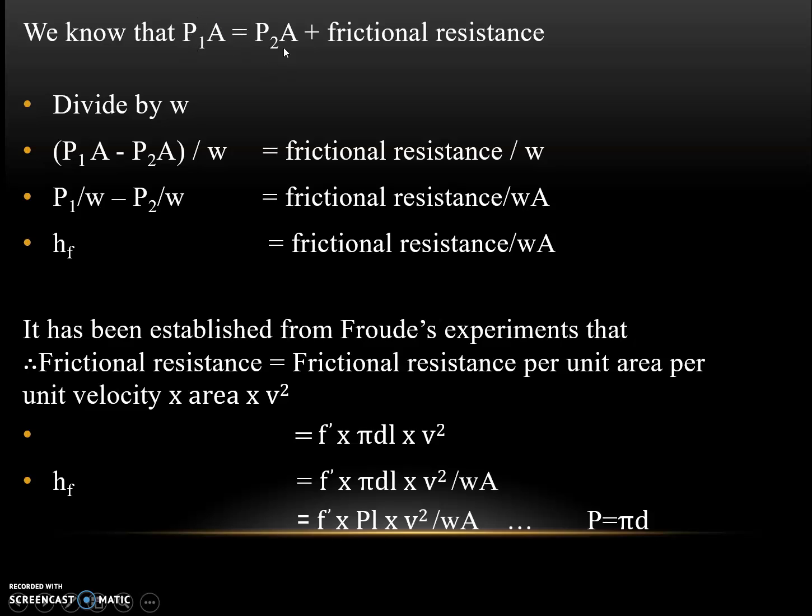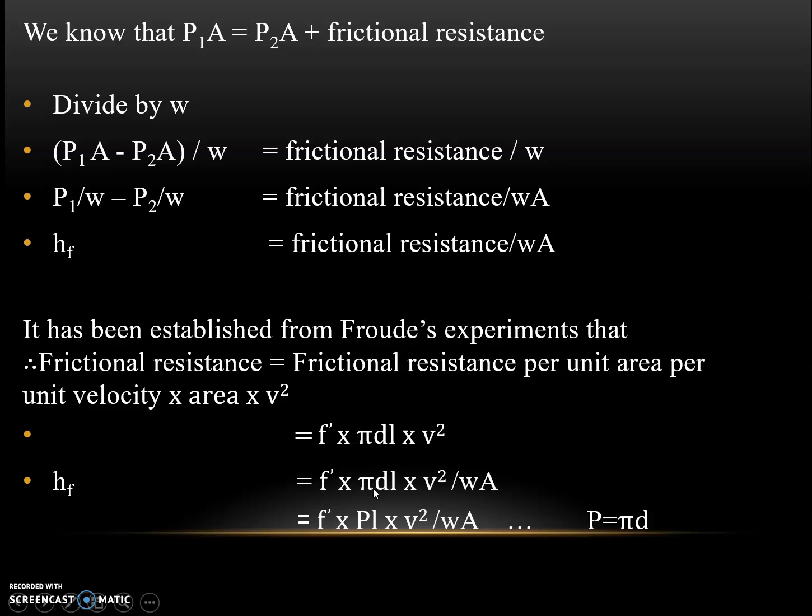We know that P1A is equal to P2A plus frictional resistance. Divide this equation by W. So P1 into A minus P2 into A divided by W is equal to frictional resistance divided by W. Once we rearrange, we get HF equal to frictional resistance divided by W into A. And from Froude's experiment, we know that frictional resistance is equal to F dash into pi dl into V square, which we already have seen for the previous equation.